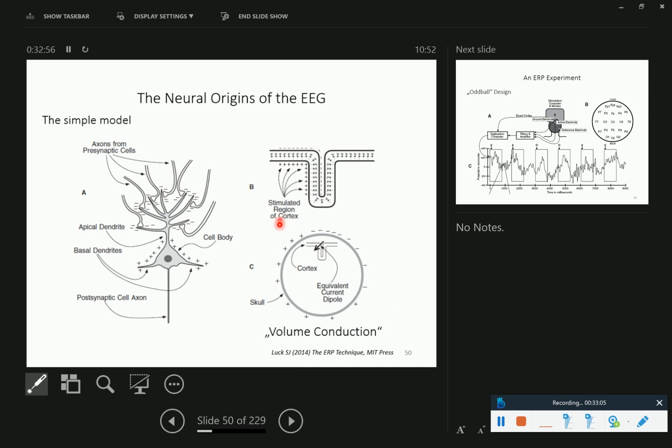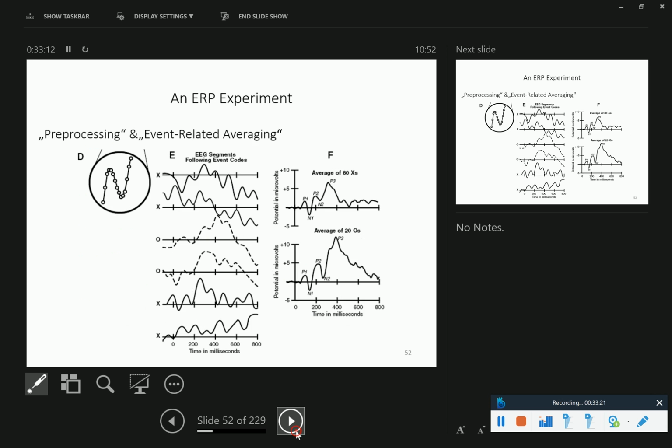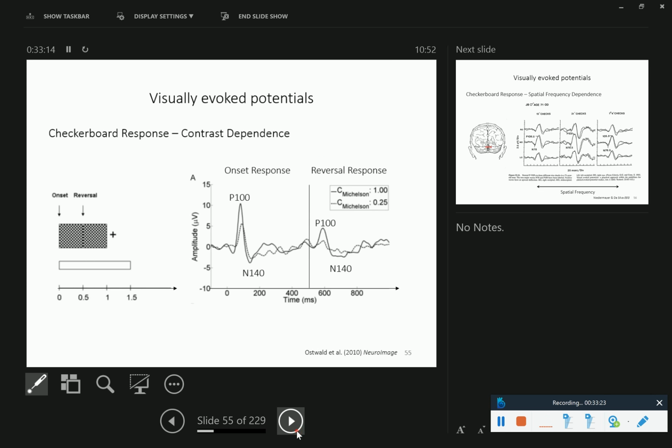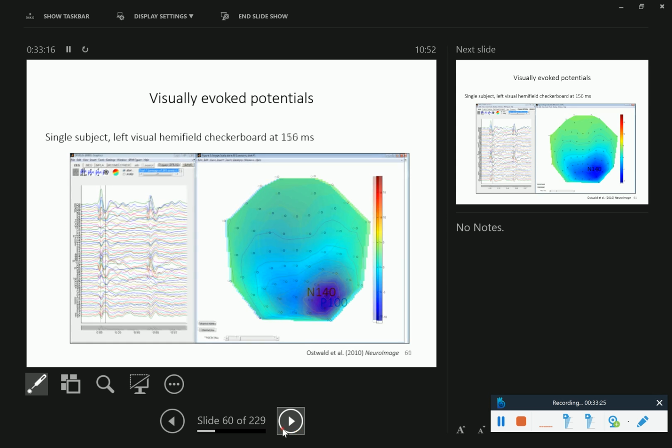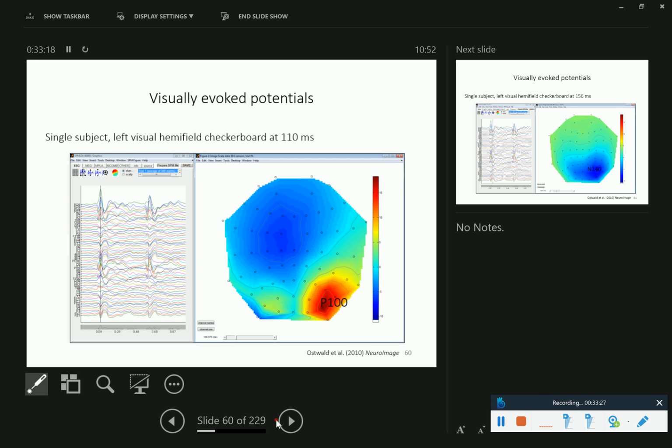So now the idea is that there's one dipole in the whole cortex active at this time point. So you get a projection of its poles to the scalp, and you see a clear dipolar pattern. Usually you would see the electrodes here, and you always think of the P100 as something positive.